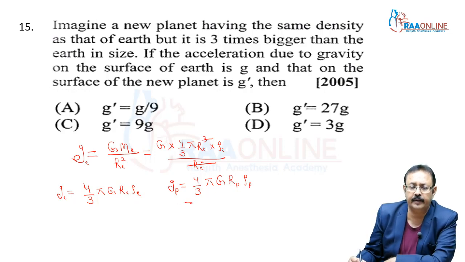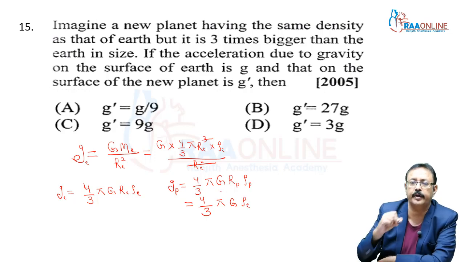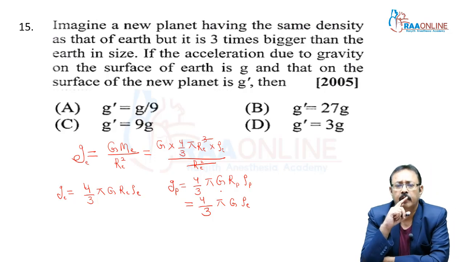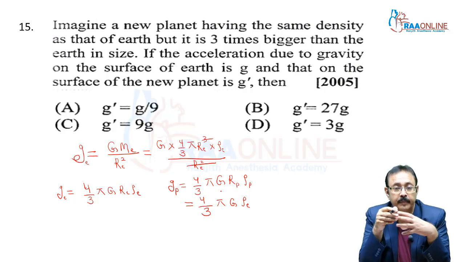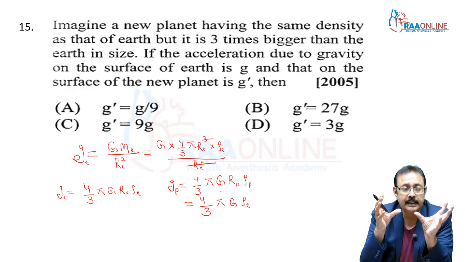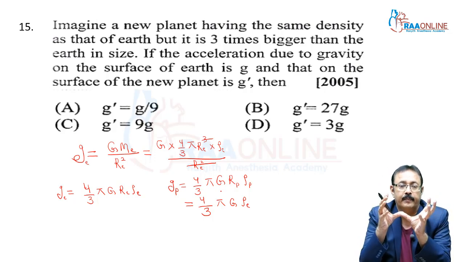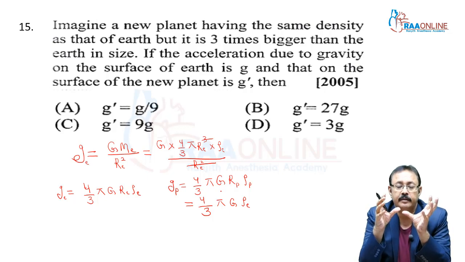Now what things are given? 4 upon 3 is constant, no problem. Pi is constant, g is constant. Density is same as that of Earth, so we are writing rho e. Having the same density but 3 times bigger than the Earth in size. What do you mean by 3 times bigger? It means the size is 3 times, means the radius should be 3 times.